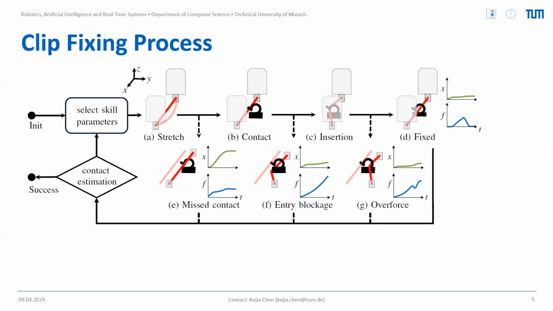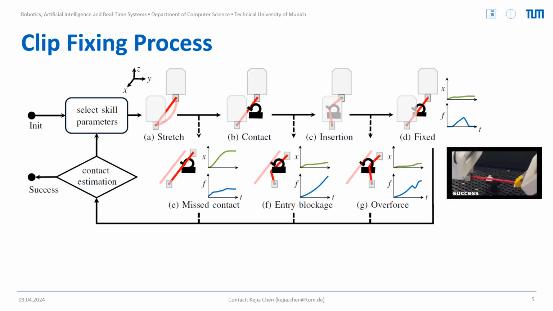Following this, the robots guide the segment with a constant pushing force to establish contact with the clip. Upon contact detection, the robots then insert the segment into the clip by applying a rising pushing force. The detected contact force will also rise as the clip opens. Once the DLO is fully inserted, the contact force drops suddenly and the robots stop applying force.